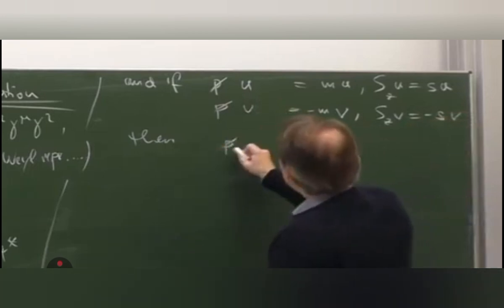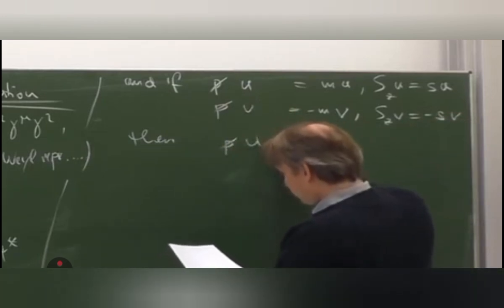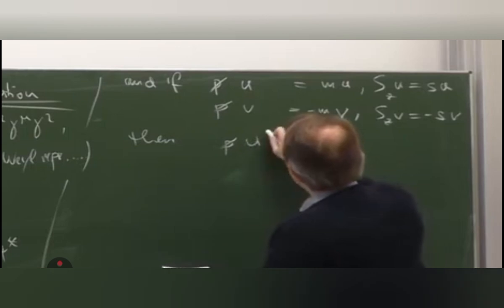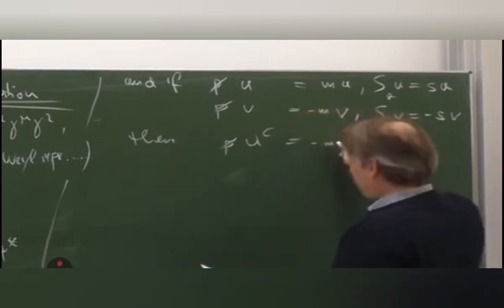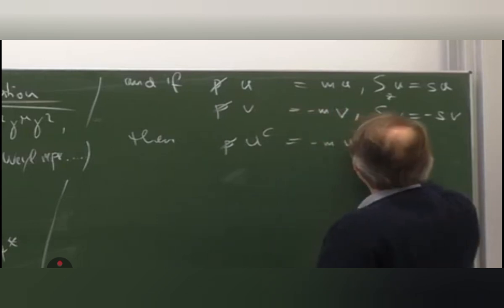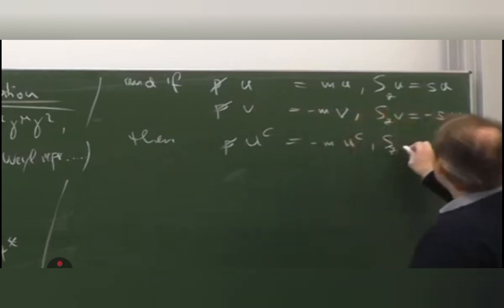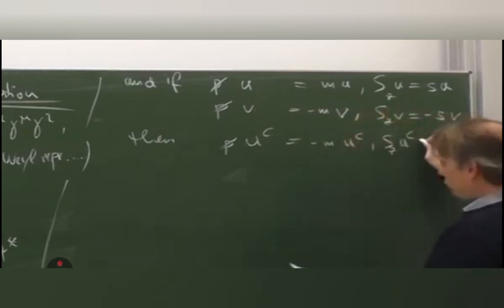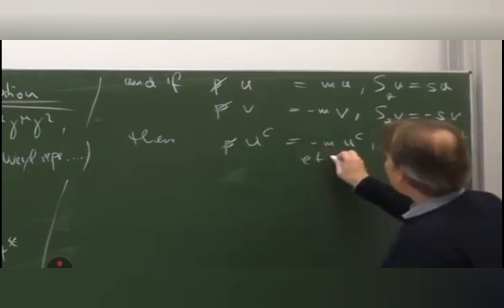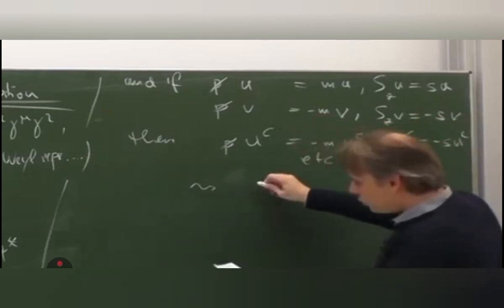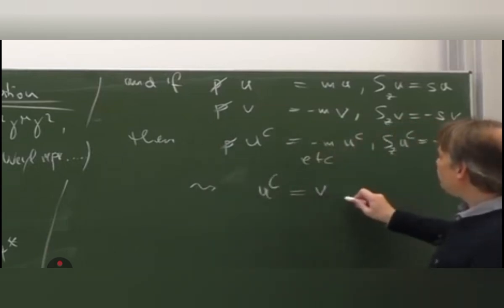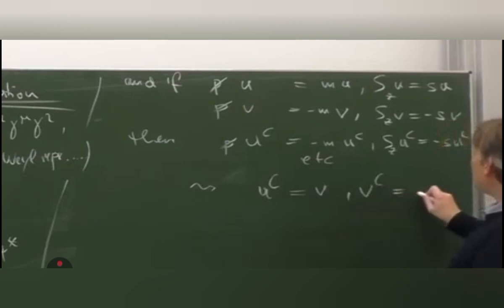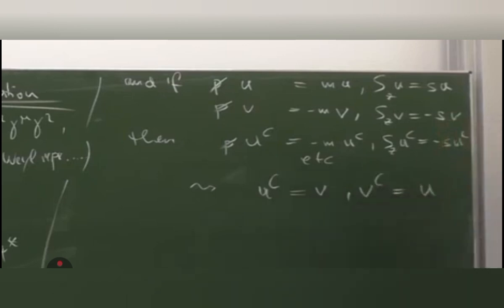P slash U^C is equal to minus M times U^C, S_Z U^C is equal to minus S U^C, etc. So you see that, lo and behold, the charge conjugated U is equal to V and the charge conjugated V is equal to U with the same arguments.